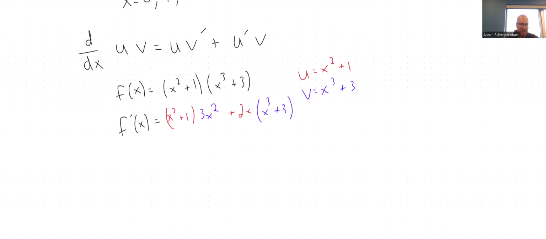So when I just simplify this, I get 3x to the fourth plus 3x squared plus 2x to the fourth plus 6x, which simplifies down to 5x to the fourth plus 3x squared plus 6x.